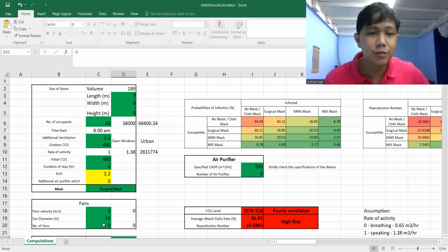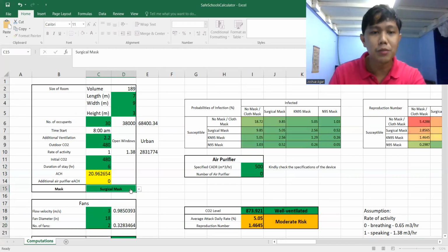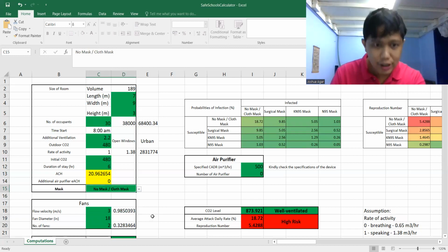So in ventilation, first, like I mentioned, you install exhaust fans. So for example, there are two exhaust fans within the classroom, and we're just assuming cloth mask as of now.